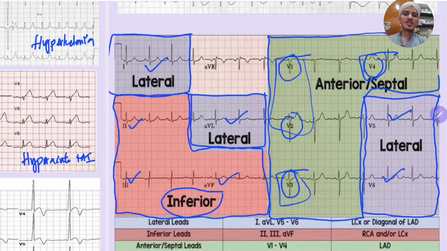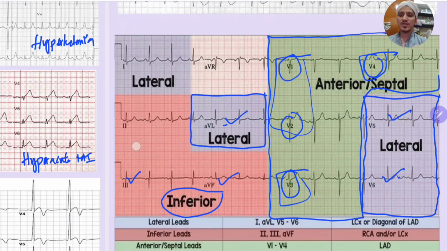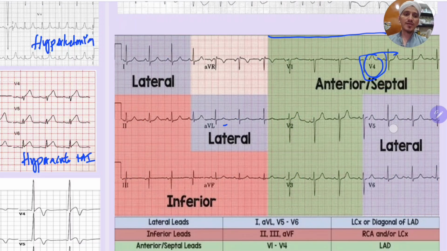Whenever you see changes in 1, AVL, V5, V6 plus V1, V2, V3, V4, that is called anterolateral myocardial infarction. So whenever you're seeing an ECG, you just copy paste this diagram in your mind. This reddish part is inferior, bluish part is lateral, greenish part is nothing but the anteroseptal leads.